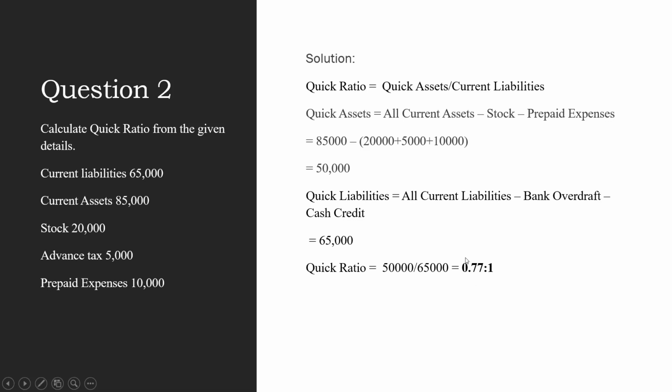That means your quick assets are not more than the current liabilities. That means this ratio is not appropriate for the company. Why? Because the quick assets, they don't have enough money in hand to pay the current liabilities.